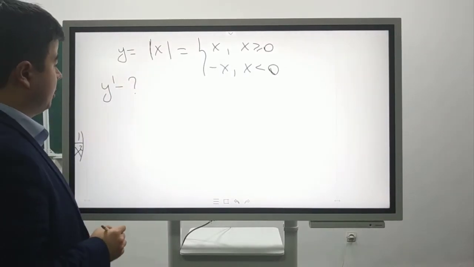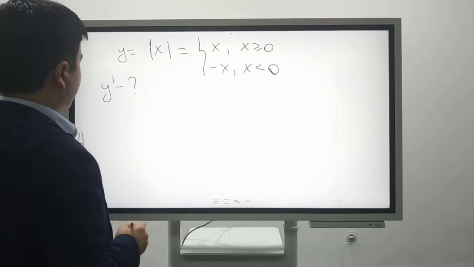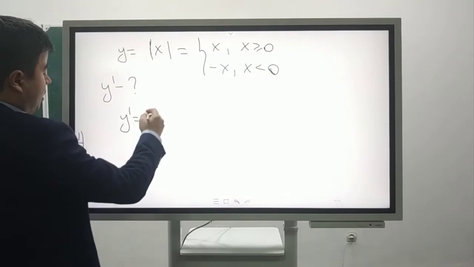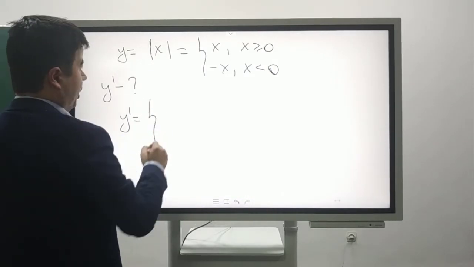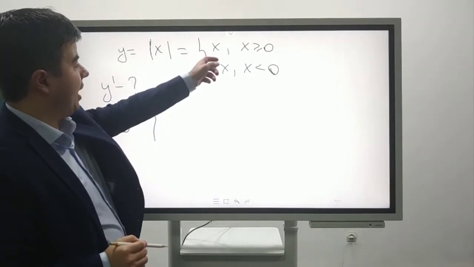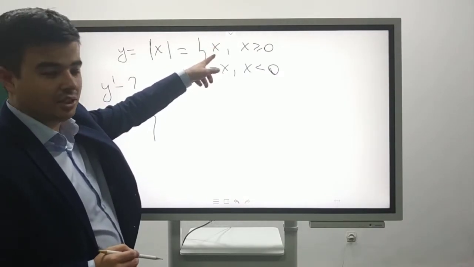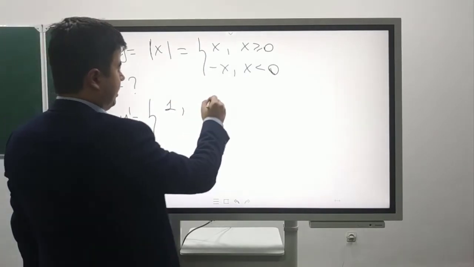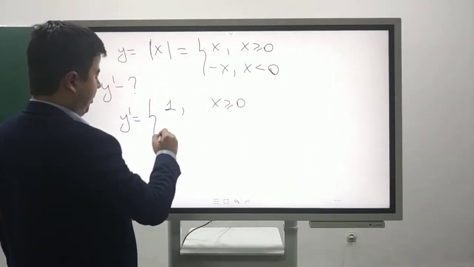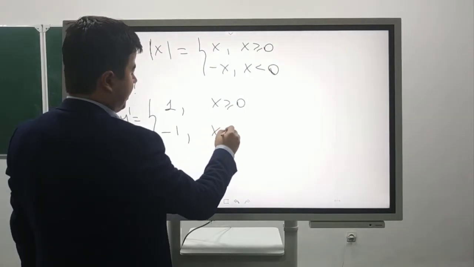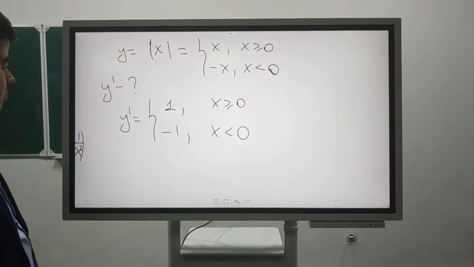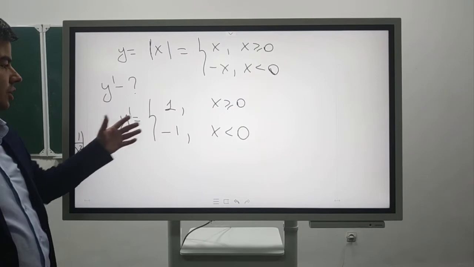How? Again, if we consider y prime, look here: the derivative of x is just 1 when x is greater than or equal to 0, and minus 1 when x is less than 0. So this is, we can say, the signum function.